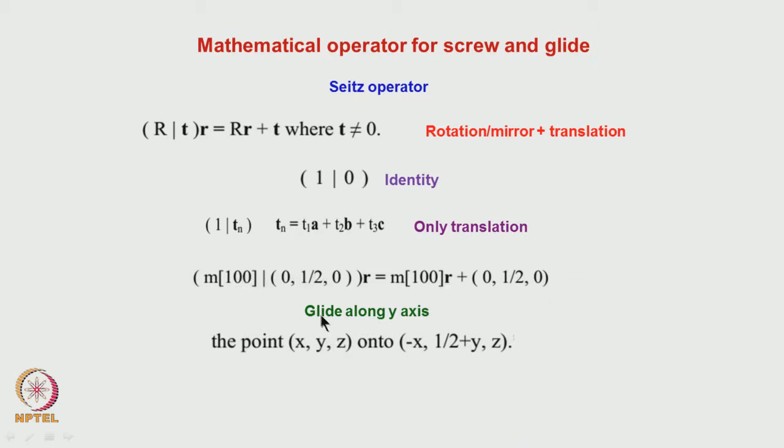Similarly, if it is a glide along an axis, then here we will be putting the rotation symmetry plus the pitch corresponding to the glide, that will come as the t. That is the way we can represent this.